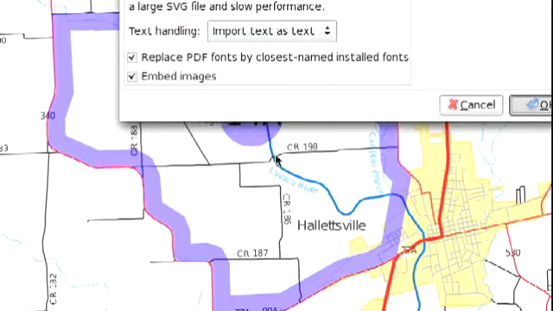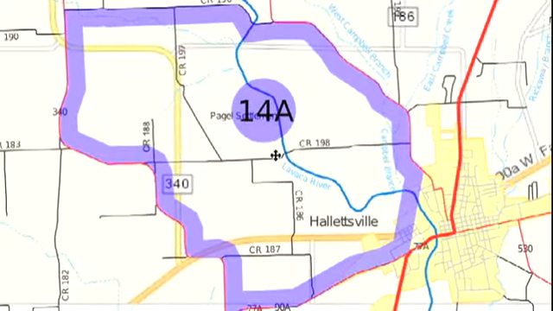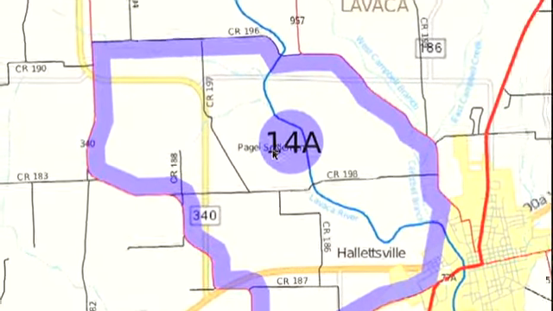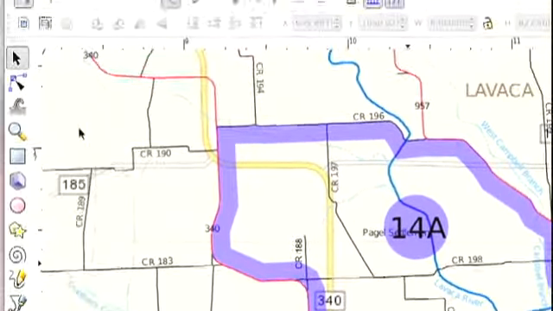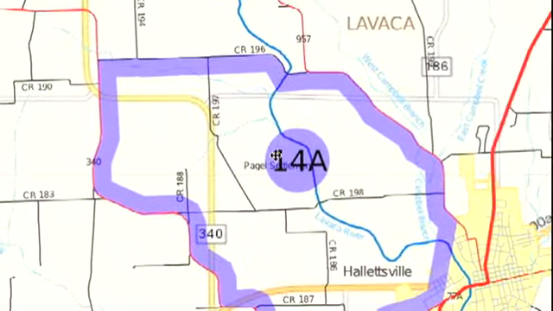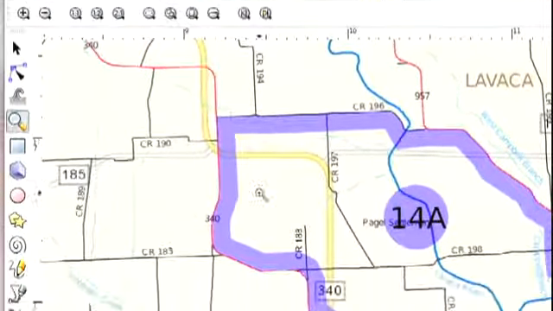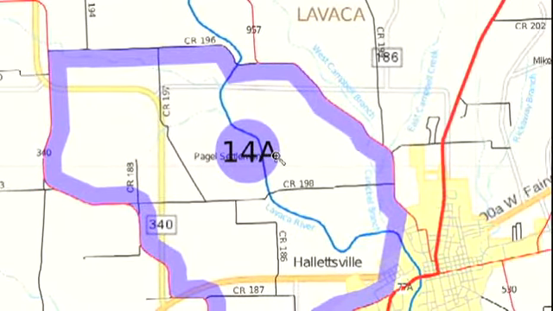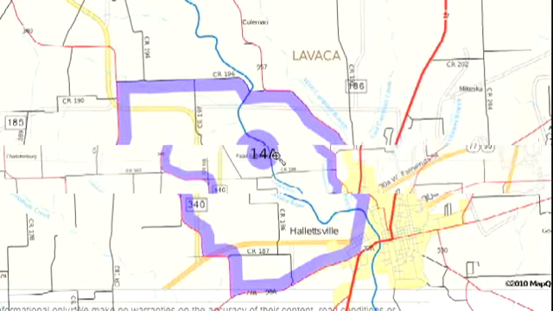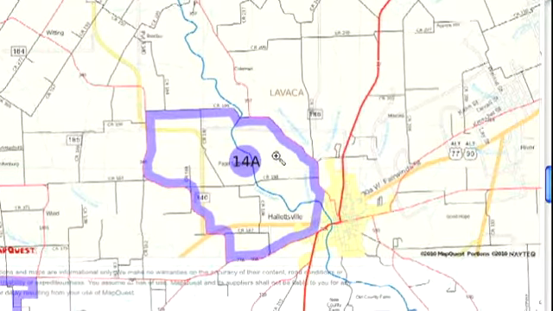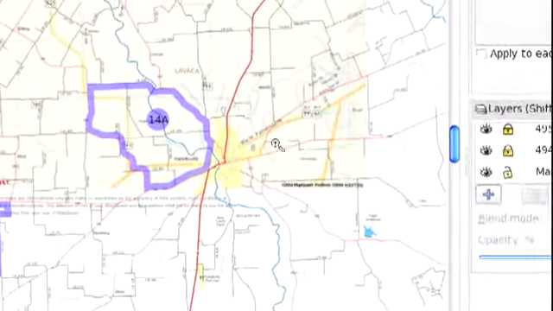So when it comes up, what we'll do is we'll shrink the map down so that we can match it up with what we're working on. So we'll need to zoom out. Get the zoom to work here. There we go. And we'll zoom out so that we can see the full picture.